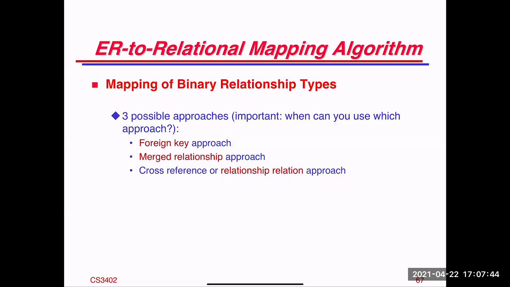So for many-to-many, we're usually using the cross-reference relation approach, so we're basically adding one more relation. When you have an M-to-N relationship in your ER diagram, you might end up with 3 relations in your relational model rather than 2.